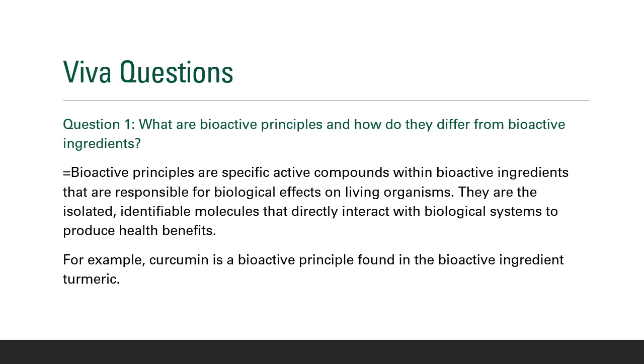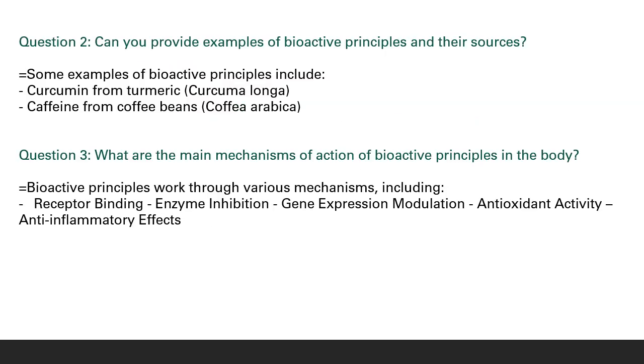For example, curcumin is a bioactive principle found in turmeric. Then second is, can you provide examples of bioactive principles and their sources? Try to remember at least two. For example, curcumin from turmeric and caffeine from coffee beans is very easy to remember.